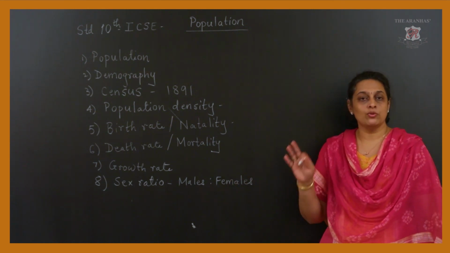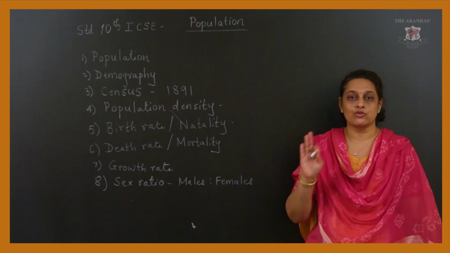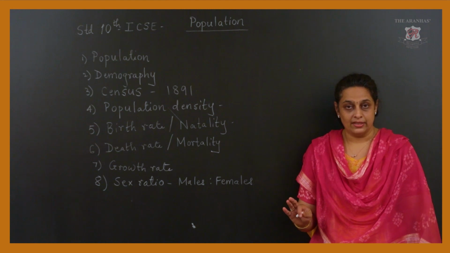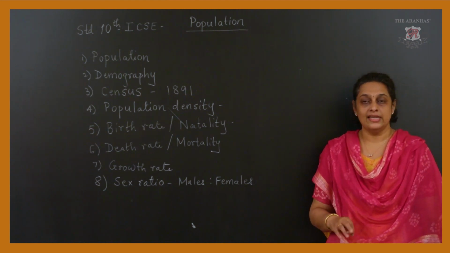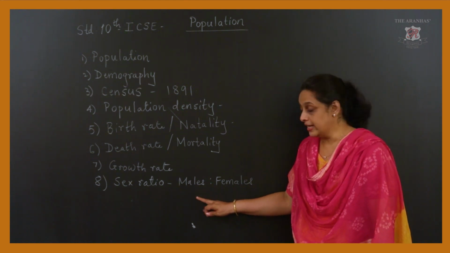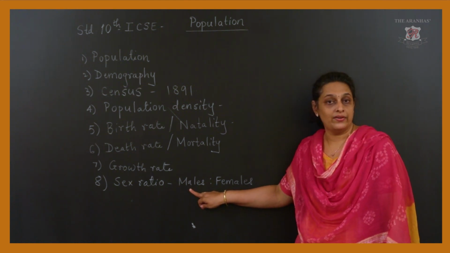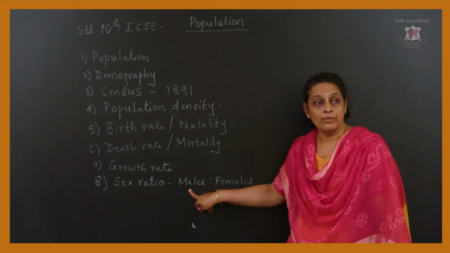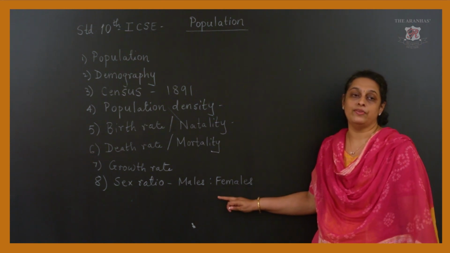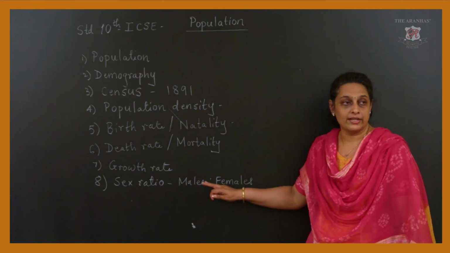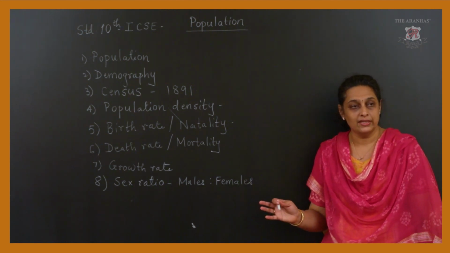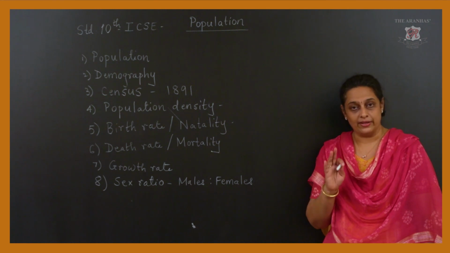So, nature tries to maintain that ratio to be 1:1. But in our country many a time it is seen that this ratio is unequal. That is, in many parts of our country the number of male individuals is higher than that of females. So, this ratio is seen to be disturbed in many parts of our country.